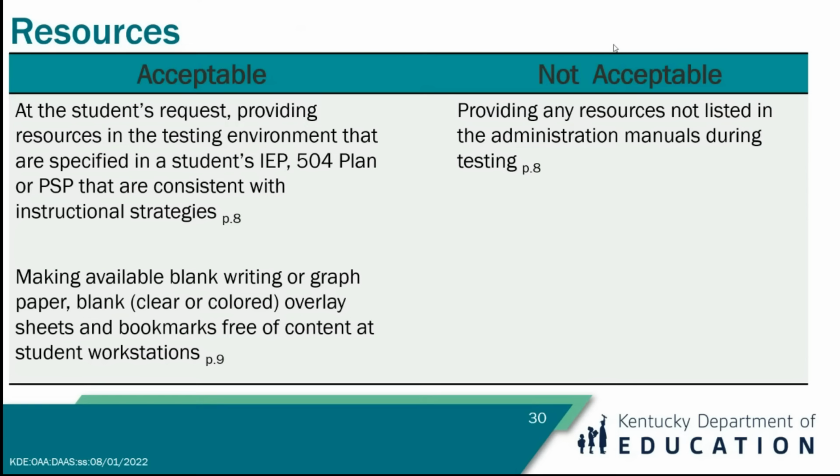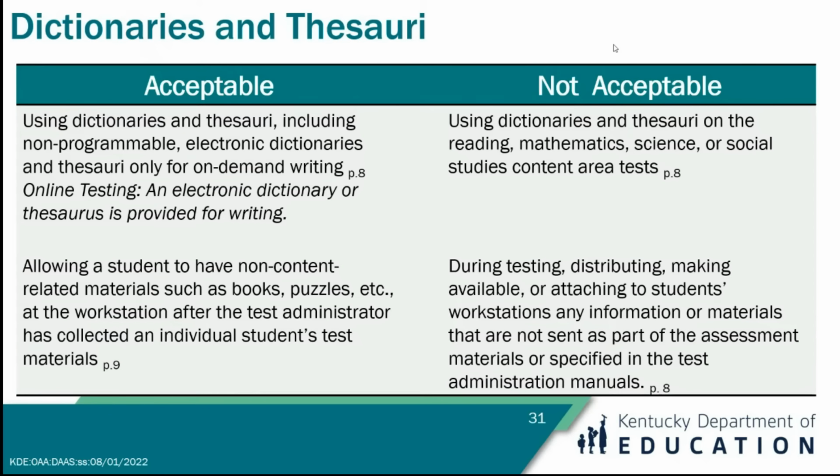Additionally, students have access to the online tools available in TestNav, such as the calculator, dictionary, contrast tool, and much more. Whether or not a dictionary or thesaurus is allowed on a test will be covered in the Test Administration Manual. Test administrators should refer to the listing of approved and unapproved materials in the TAM to determine when to provide a resource.